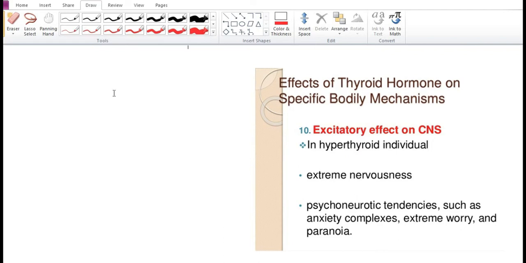During hypersecretion of thyroxine, there is excess stimulation of the CNS. So the person is likely to have extreme nervousness and may develop psychoneurotic problems like anxiety, excess worries, etc. Whereas hyposecretion may lead to lethargy and excess sleep.